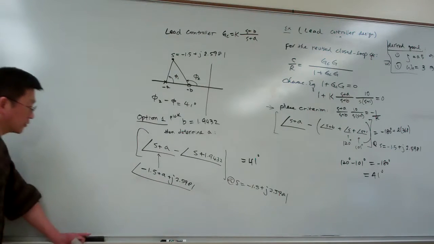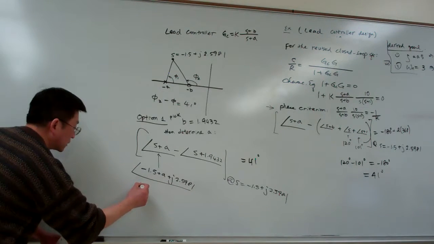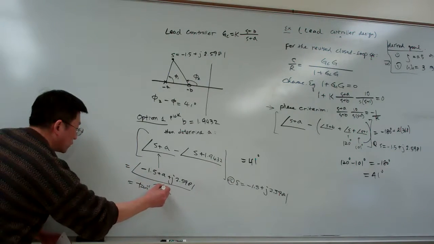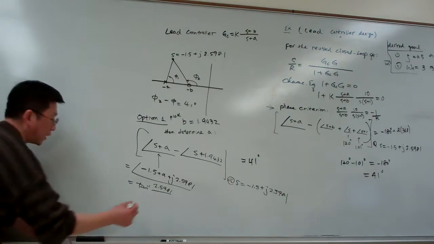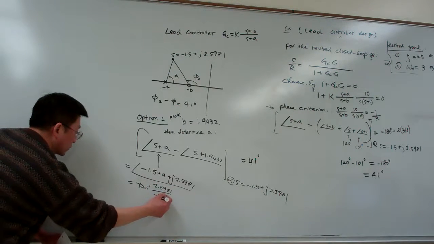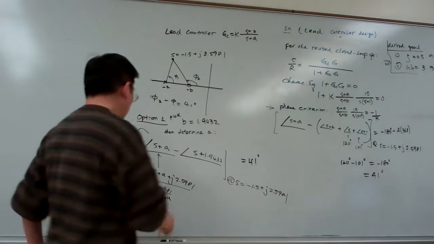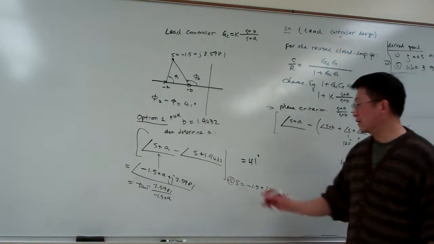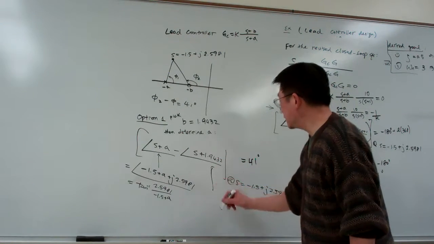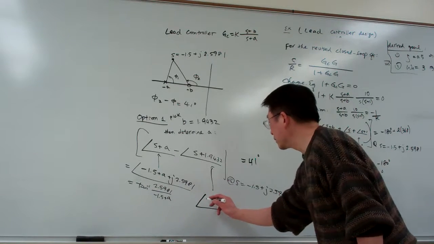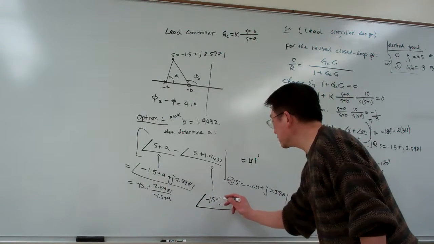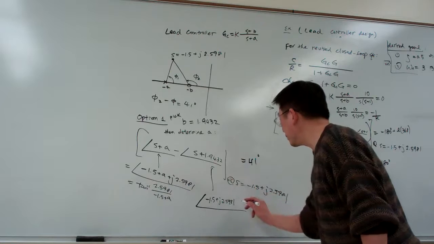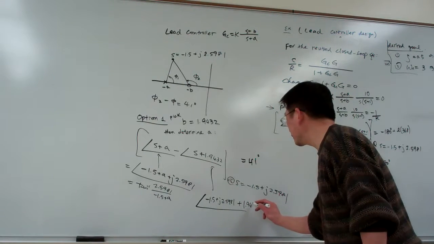And so that is this angle, right? So for this angle, basically it is the arctangent of the imaginary part, 2.5981, divided by the real part, minus 1.5 plus A. Basically, the angle is determined, and you want to implement it in this way, right? Okay, the same thing for this case, and that is minus 1.5 plus j 2.5981 and plus 1.9432.